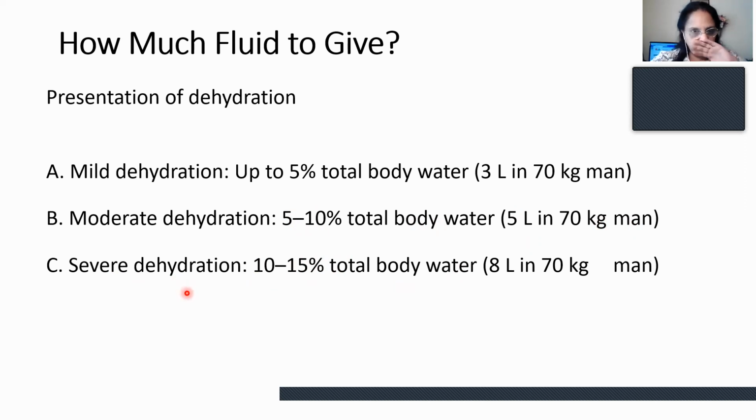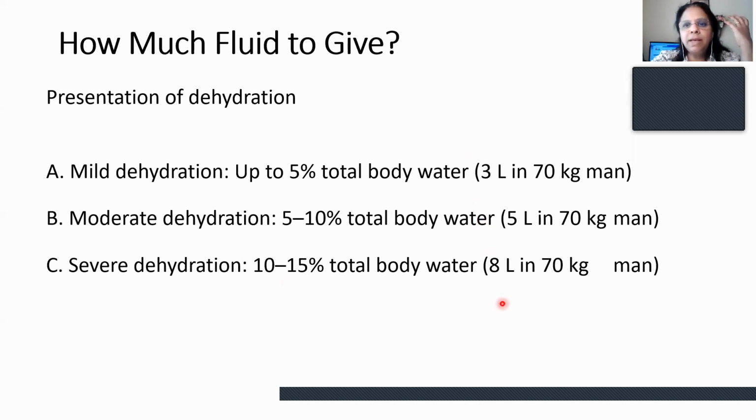We cannot go more than this, and the patient will die because that amount of brain cells go into dehydration, and then after that, not much function. So remember, mild 5%, moderate 5 to 10%, severe 10 to 15%.